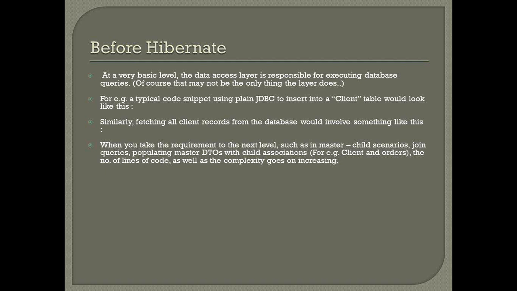So when these requirements go to the next level, the amount of JDBC code you have to keep writing, and in fact the amount of repetitive code you have to keep writing, goes on increasing. That is obviously one of the pain areas.